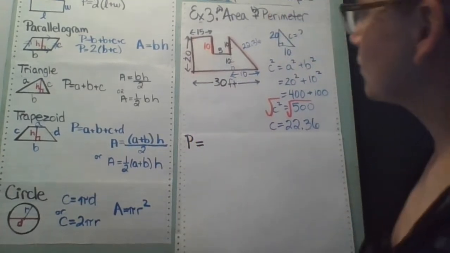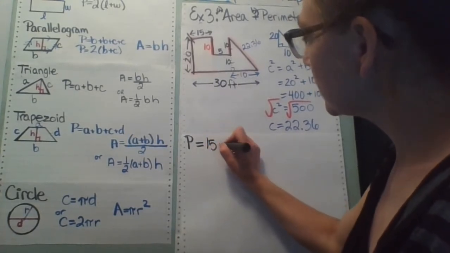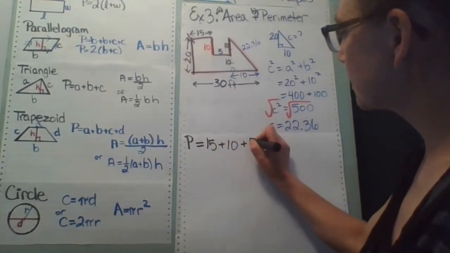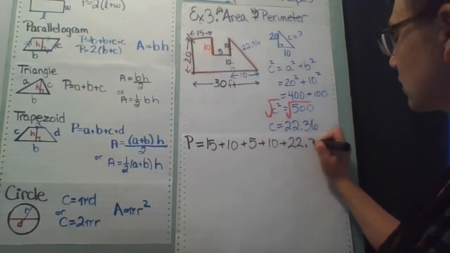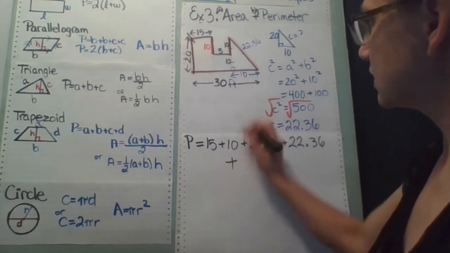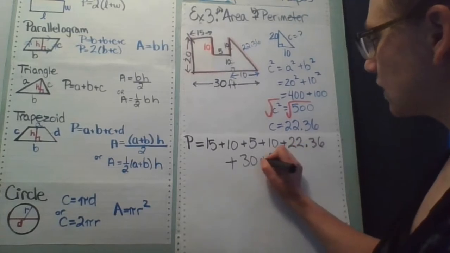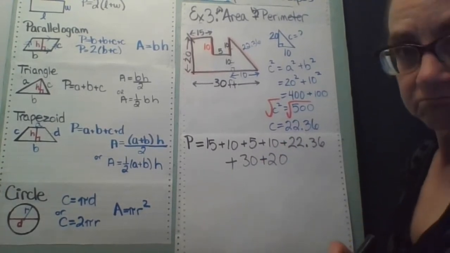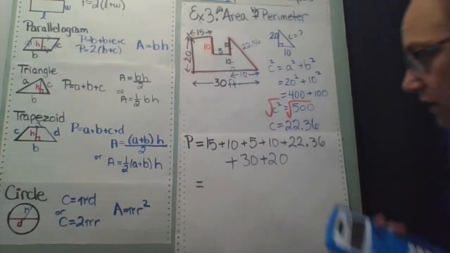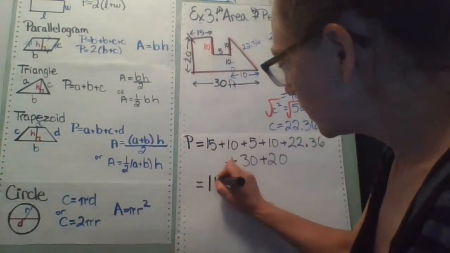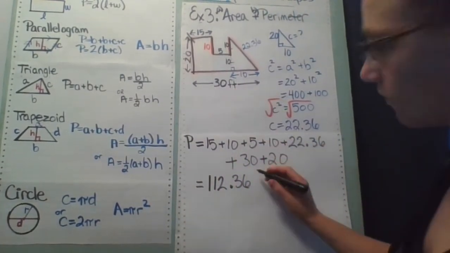Perimeter equals, so again, let's say we started there, right? 15 plus 10 plus 5 plus 10 plus 22.36, keep going, plus 30 plus 20. Add it all up, and I get a total of 112.36.